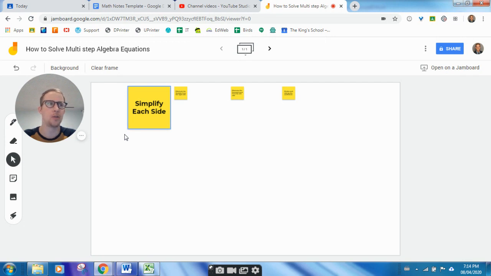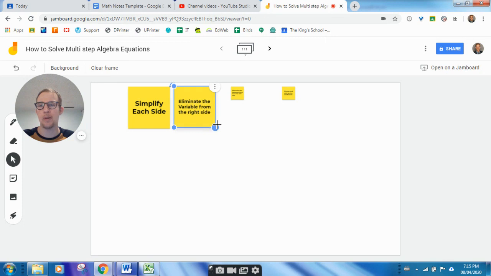If you're able to do some multiplication of numbers that are inside brackets, then you should do so. If there's subtraction, addition, or even multiplication that has to happen, you should do that now. That's your first step, to simplify each side.